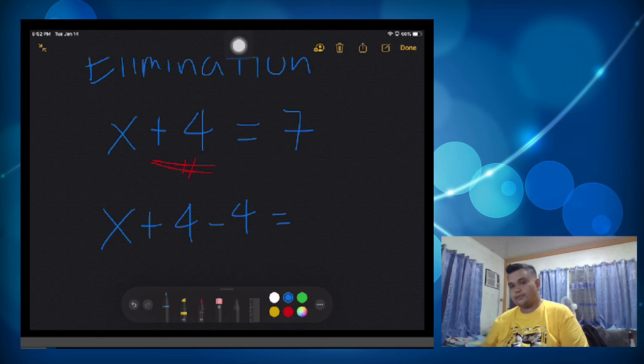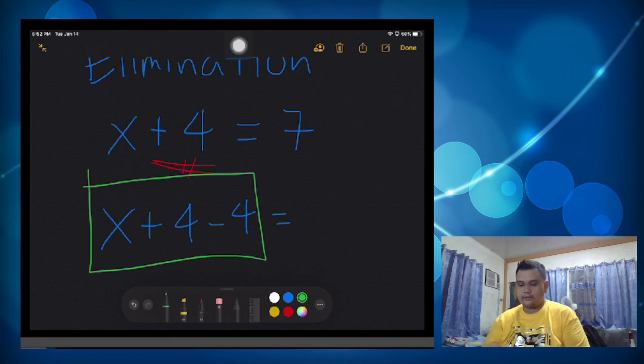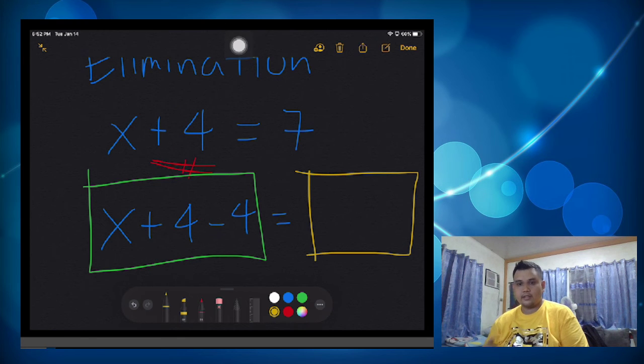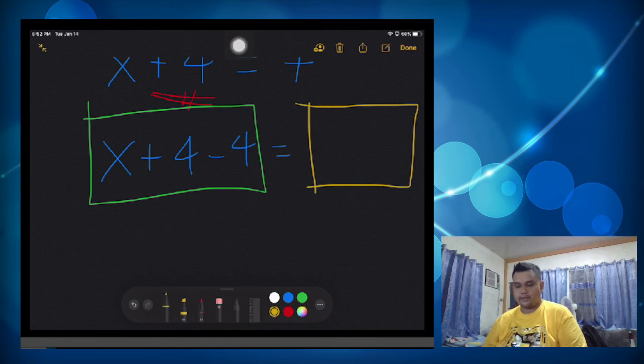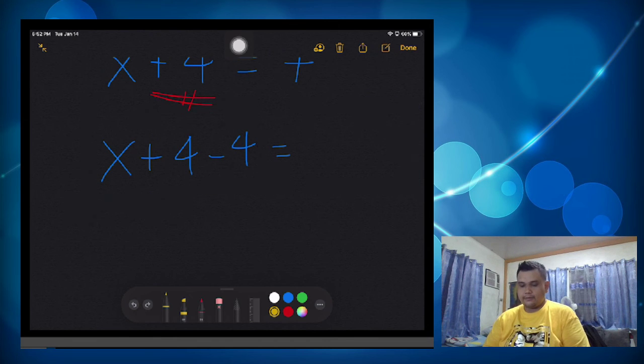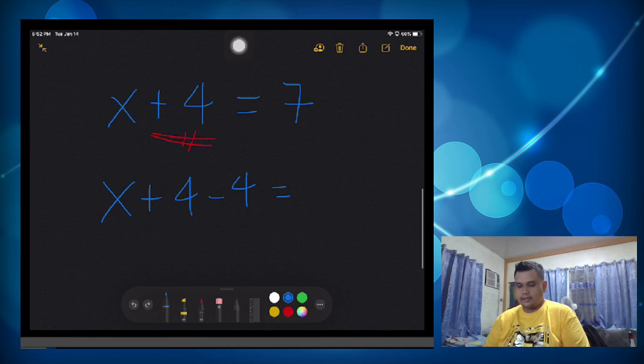And we have a golden rule in mathematics. What you do on one side of the equation, you should do on the other side of the equation. That's a golden rule for algebra. So rewriting this will give us 7 minus 4.